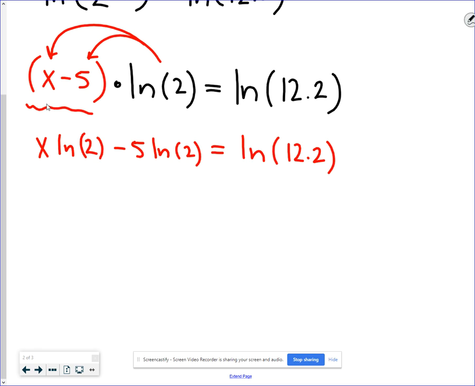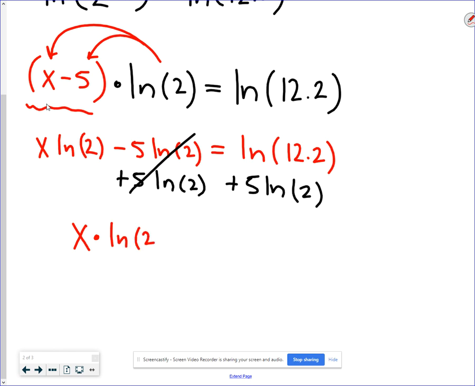So we're going to add 5 natural log of 2 to both sides of my equation. These cancel out. We got x times the natural log of 2 is equal to the natural log of 12.2 plus 5 natural log of 2.